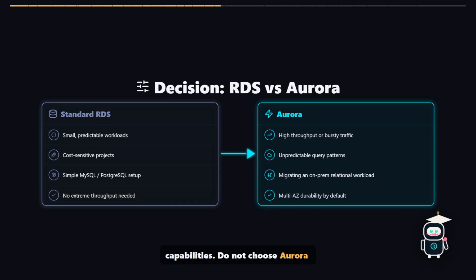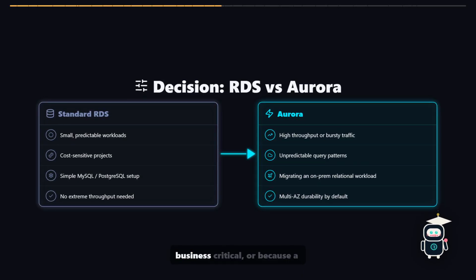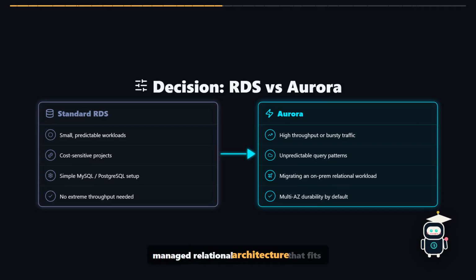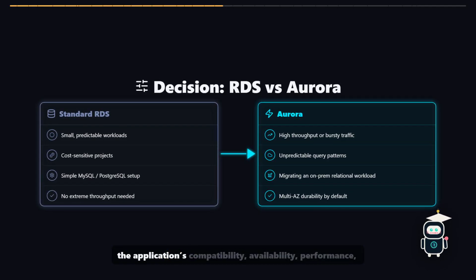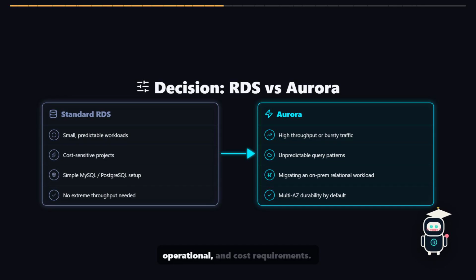Do not choose Aurora simply because a workload is on premises, because it is business critical, or because a benchmark sounds impressive. Choose the managed relational architecture that fits the application's compatibility, availability, performance, operational, and cost requirements.